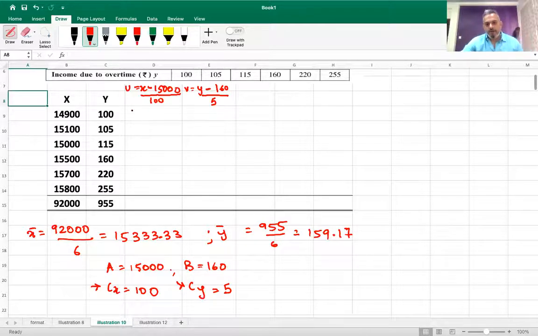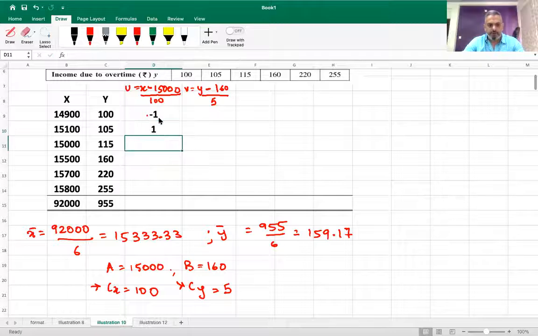Now, how would we solve this? Pay attention please. 14,900 minus 15,000 is minus 100 divided by 100. So that will be minus 1. Then 15,100 minus 15,000 upon 100, so plus 1.